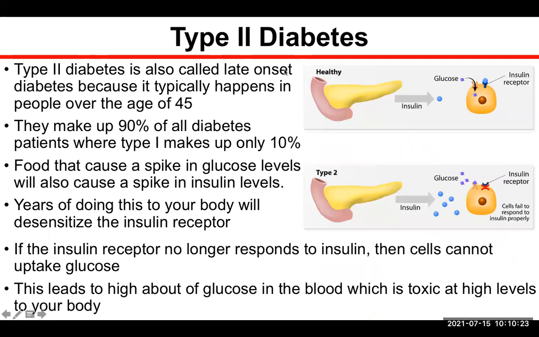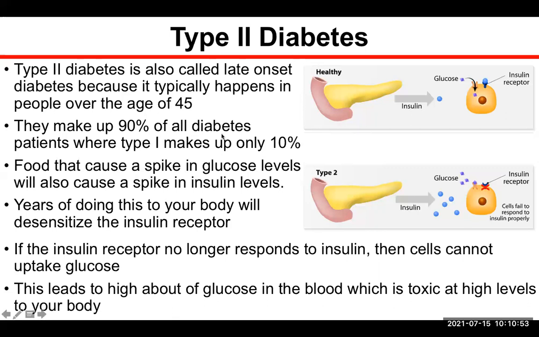Now, when we talk about type 2 diabetes, this is also called late onset diabetes, because this is typically going to happen in people that are older, usually after the age of 45. When we're looking at the proportion of people that have diabetes, 90% of diabetic patients make up the type 2 diabetes category, whereas type 1 only makes up the 10%.